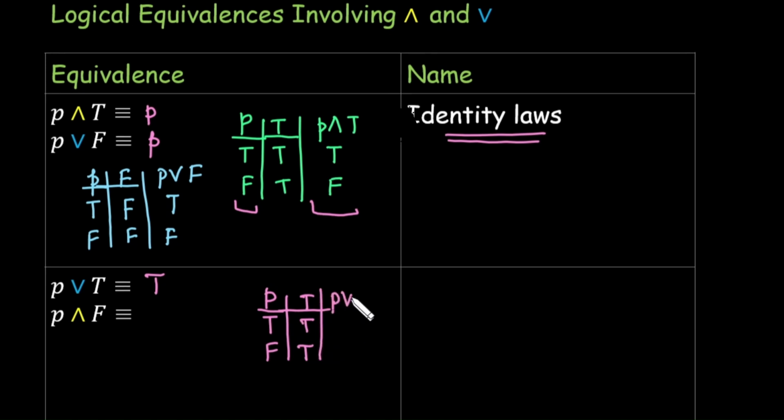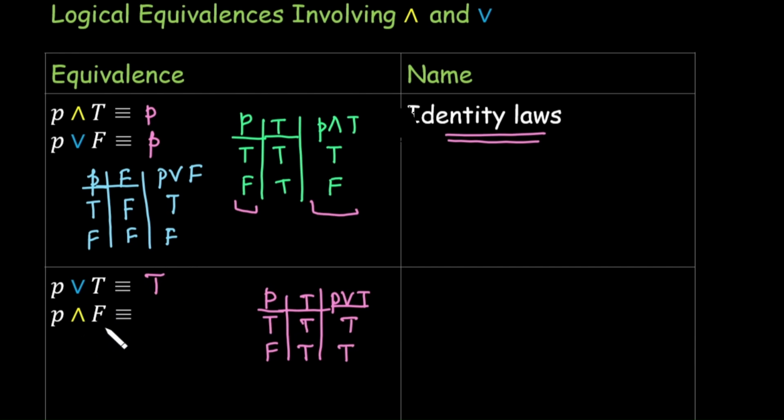Now operate P or true. P or true is false only in one case, when both are false. Now both are not false, so it is true. So the statement P or true is a tautology, logically equivalent to T.